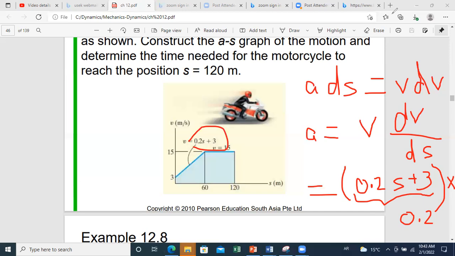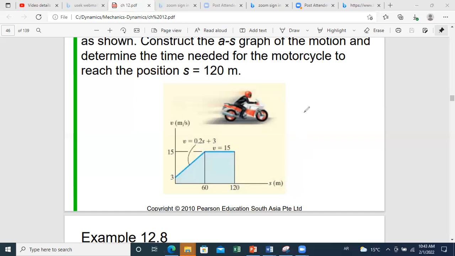So now, welcome. Now we know the equations in both phases, so we can construct the A as a function of S graph. We have in the first phase that the A equation is 0.04 S plus 0.6.